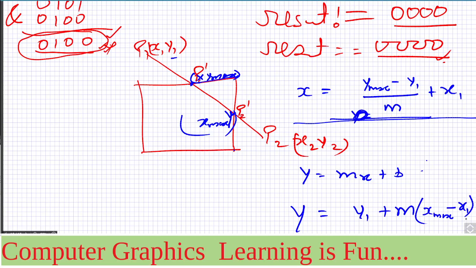In this case, for this example, your y1 will be y max because you are starting from here, and x1 will be the x value that we have found.